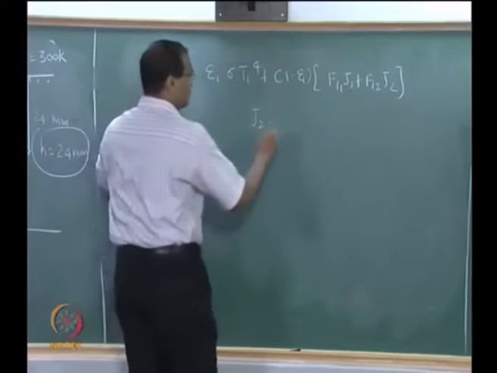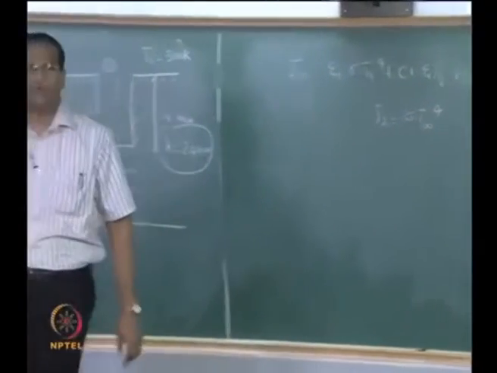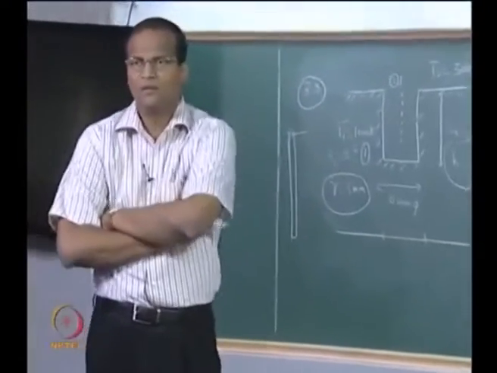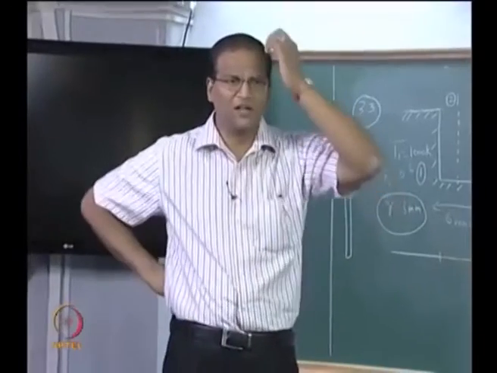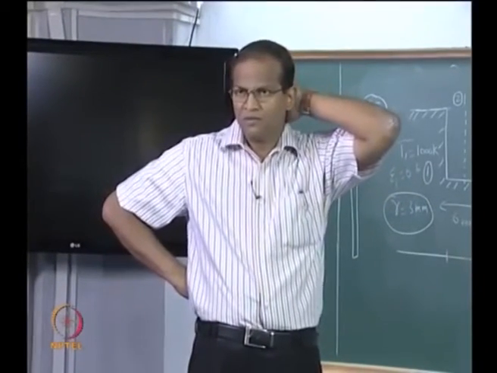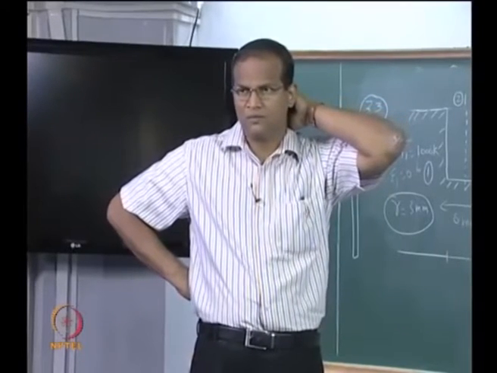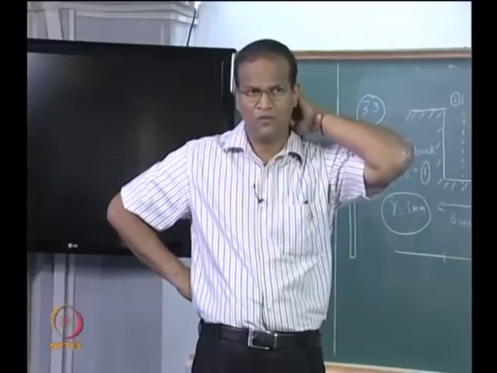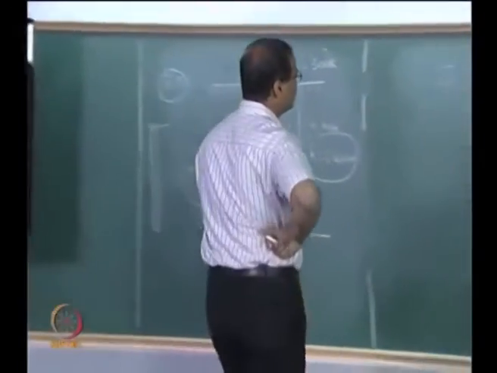Sigma T2 to the 4, 459.3. What is the value? 5.67 10 to the minus 8 into 300 to the power 4. 459.3. So certain values you should remember.